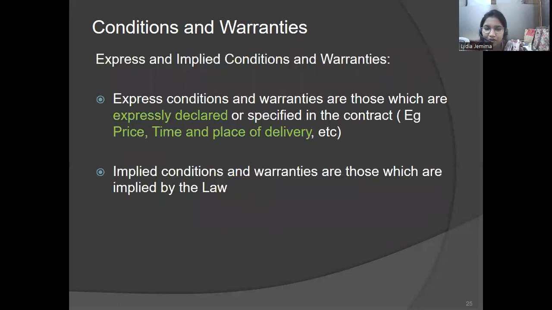Okay, so what are express conditions and implied conditions and warranties? Express conditions and warranties are those which are expressly declared or specified in the contract. Example: time, place of delivery, and price of the product. Implied conditions and warranties are those which are implied by the law, which is very important to be followed.